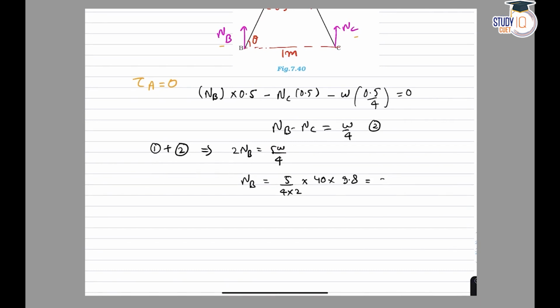This can be written as 245 Newton. So this is the answer for NB. Now in order to find the value of NC, NC can be written as W minus NB, and W is equal to 40 into 9.8 minus NB, which is 245. On solving, the normal force at C comes out to be 147 Newton.